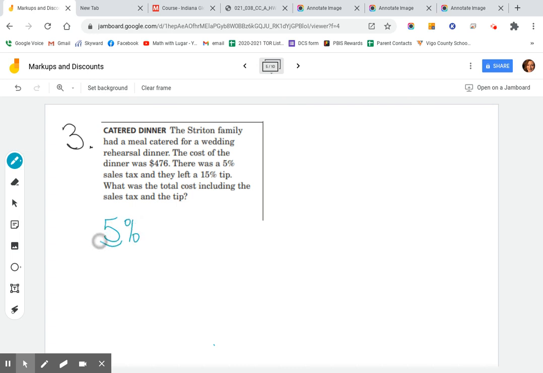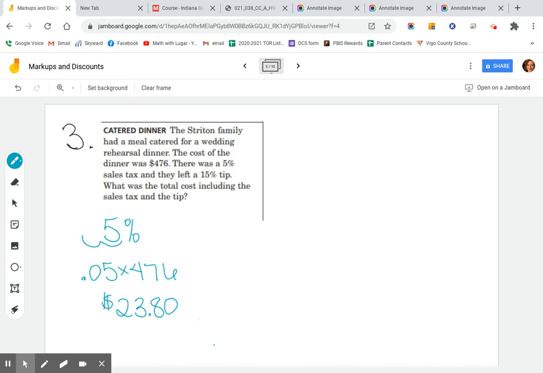And I'm going to scoot to the left and make that 0.05 times that full price of $476. Let's see what that is. 0.05 times 476 gives me 23.8. So that would be $23.80.